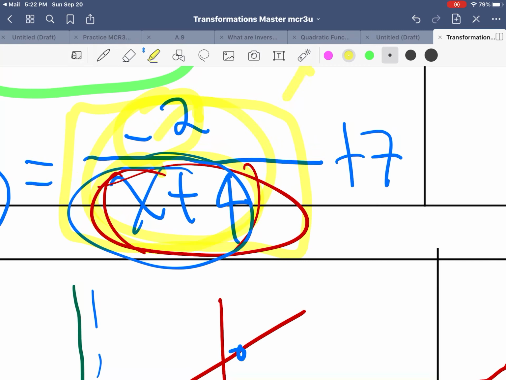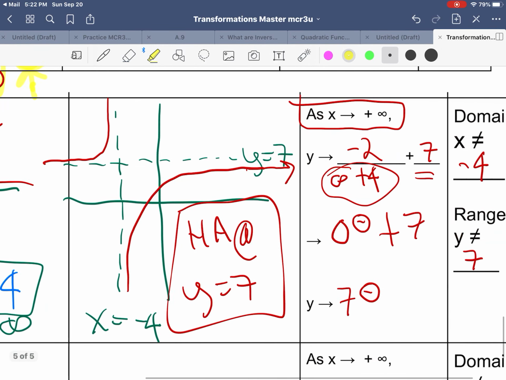So this is some value, positive or negative, plus 7. If I have something positive or negative plus 7 that's never 0, my answer can't be 7, because I'm always adding a negative or a positive number, never 0, to 7. So that's what that means.